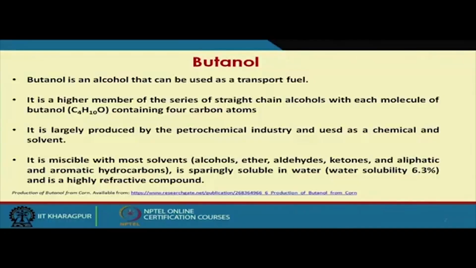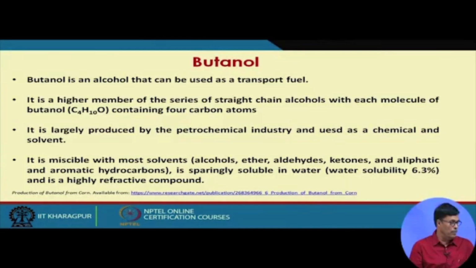Now, if you look at butanol, it is a kind of higher alcohol that can be used for transport fuel. I told you when I discussed the ethanol fermentation process that with ethanol we produce some byproduct as higher alcohol, what you call fusel oil, and this also contains butanol, amyl alcohols and other alcohols.